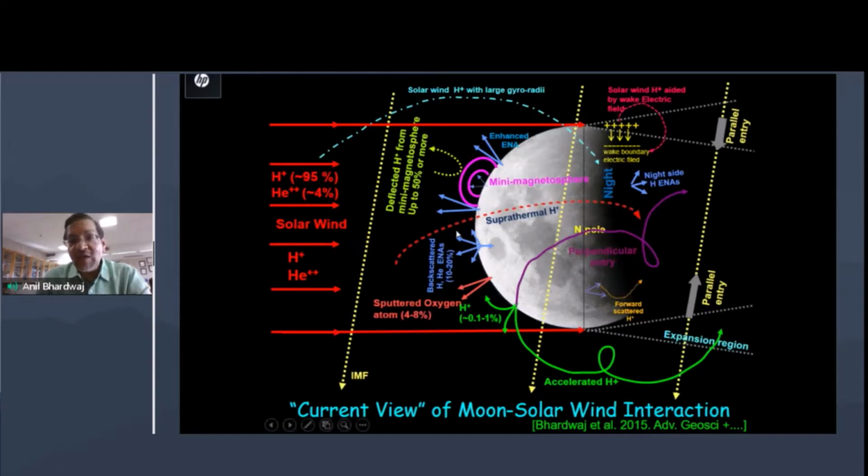And on the night side also, various phenomena have now been found, which feed charged particles into the night side, where we earlier thought there was nothing present. There is a significant amount of plasma processes happening on the night side, which makes these studies very important and interesting, because the moon is not boring for plasma physicists now, because of a lot of processes which happen very close to the lunar surface and in its vicinity.